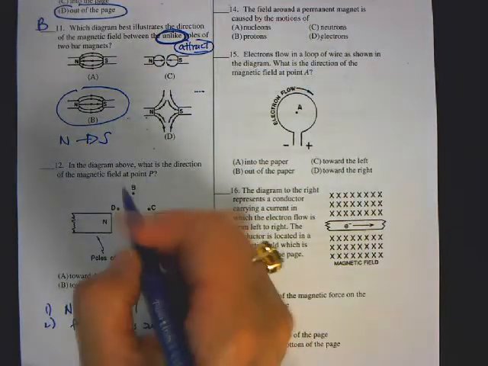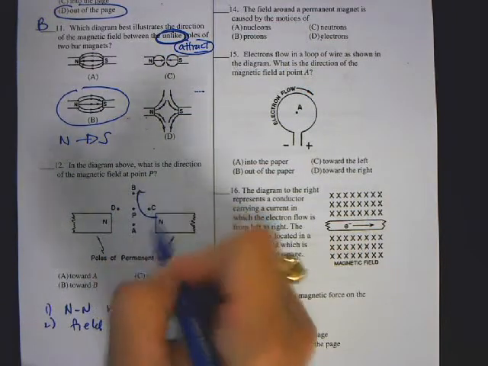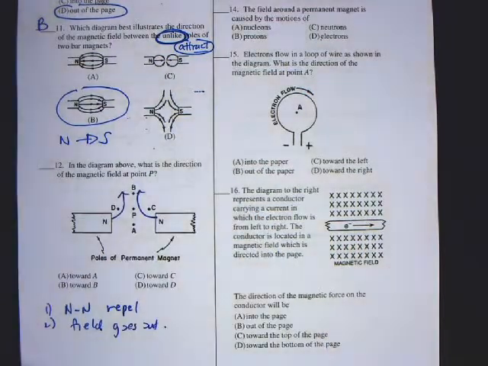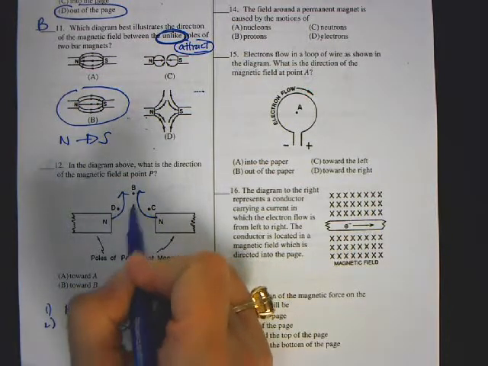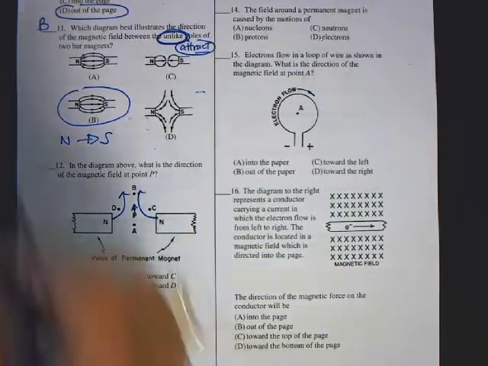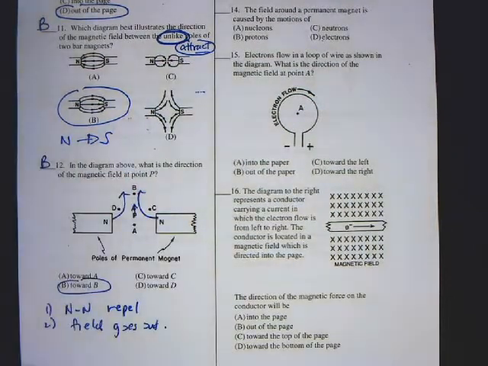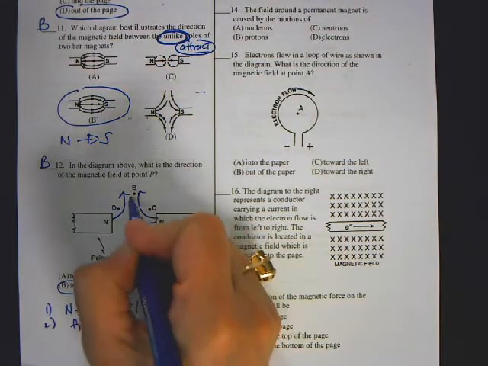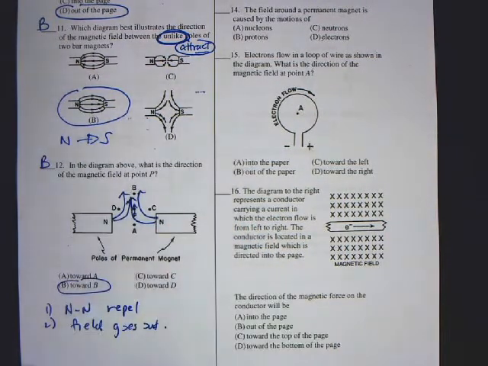It's going to end up going like this. Now, when it says in the diagram above, it's actually below. What is the direction of the magnetic field at point P? Because it's going like this, the answer is going to be towards B. Because if I had one like this, it's going to be like that.